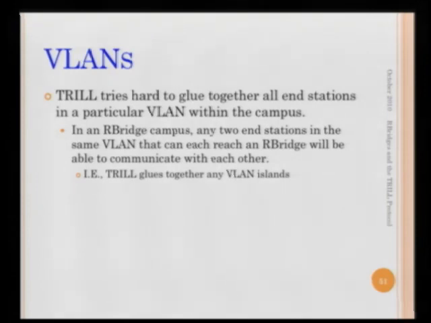So if you had a bridged LAN and you went through and replaced all the bridges with RBridges, if you had configured this bridged LAN by configuring the VLANs on the ports in such a way that you had VLAN islands, when you replace those bridges with RBridges, TRILL will glue all those islands together, which might not be what you wanted, or might be, maybe it was what you wanted.